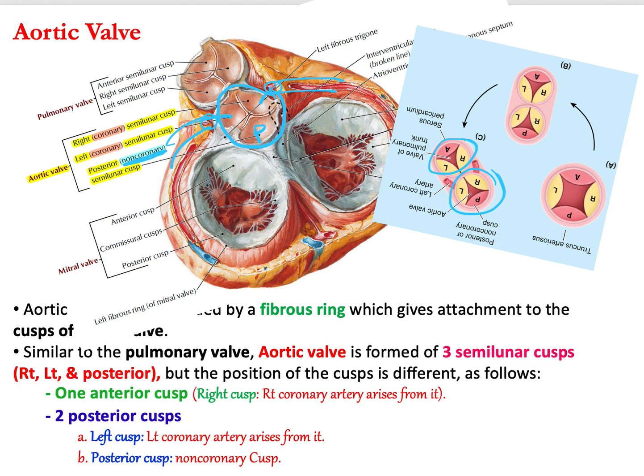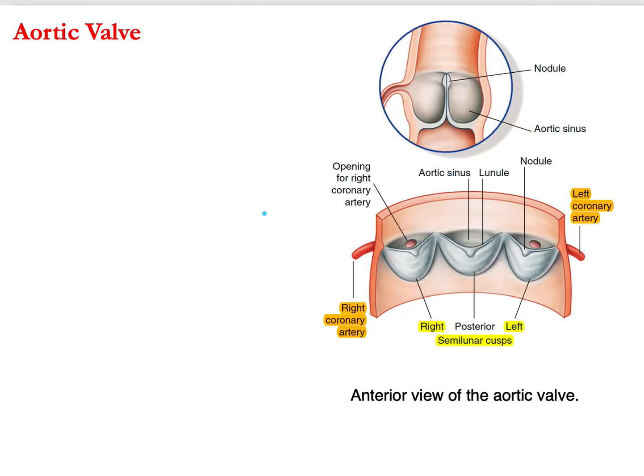Okay. Again, it's similar to the idea of the pulmonary valve because both are semilunar valves. So again, we have a thick middle nodule and thinner lateral lunule.